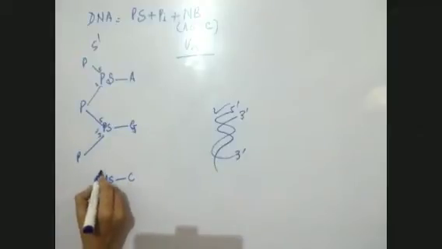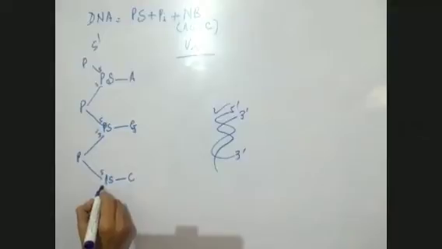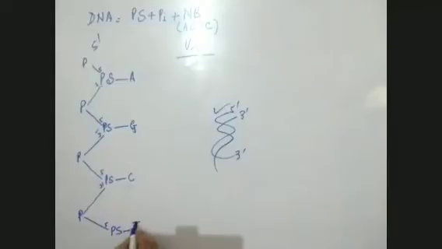And here from the fifth carbon, it will be attached to this. And then again, from the third end, it will be attached to another phosphate, which will be attached to this pentose sugar from the fifth end, and this will be attached to another nitrogenous base. This is how it goes.